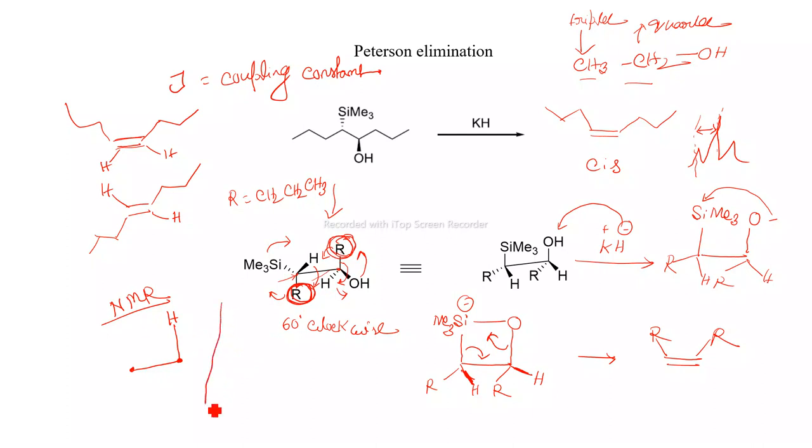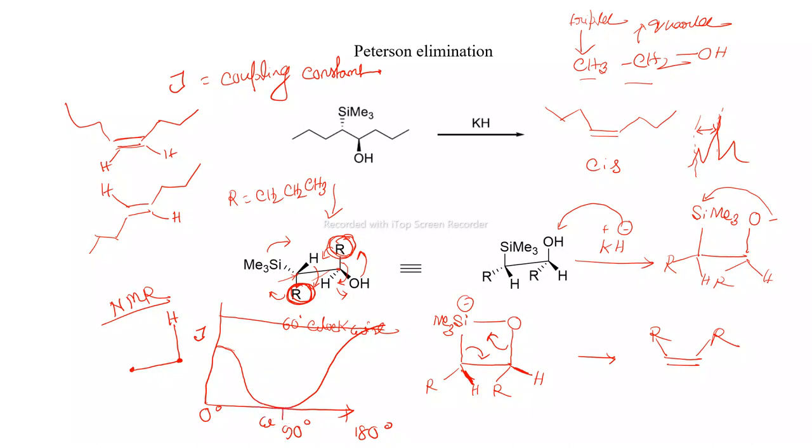So they draw a correlation like this. Here the J value and here the dihedral angle omega, and the curve is like this. This is for 0 degree, this is for 90 degree, this is for 180 degree. So at 0 degree the J value will be less, at 90 the J value will be 0, means no talking.